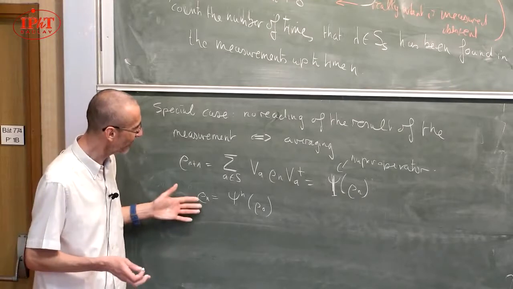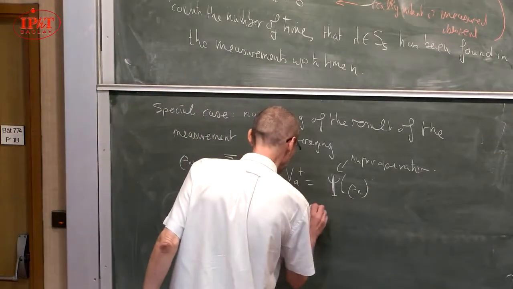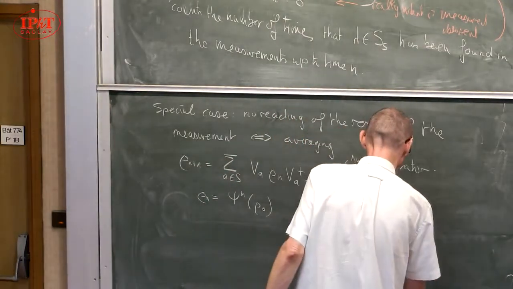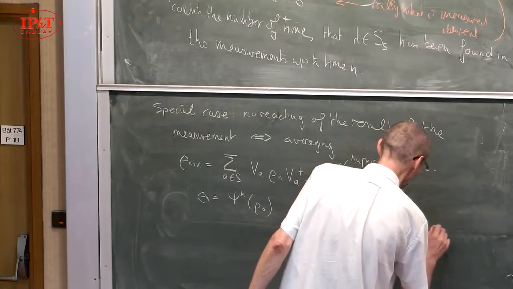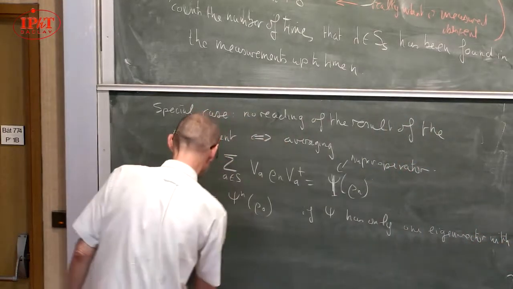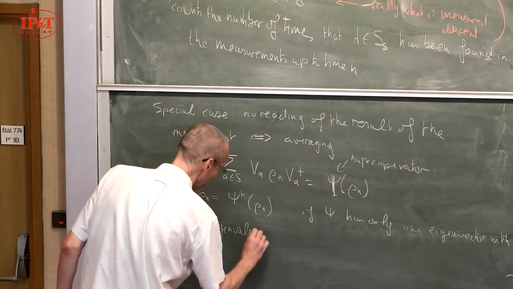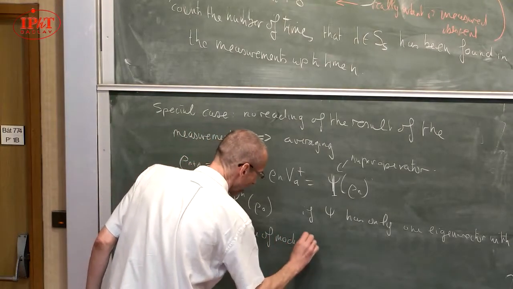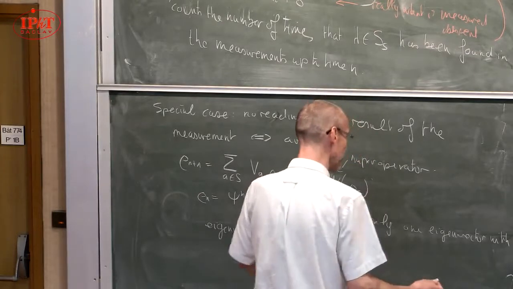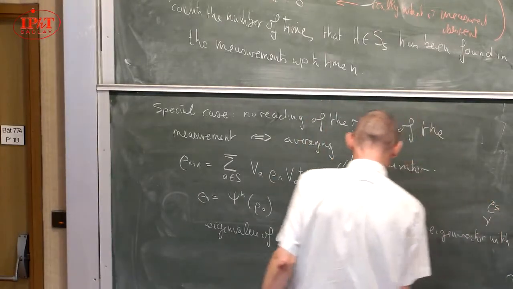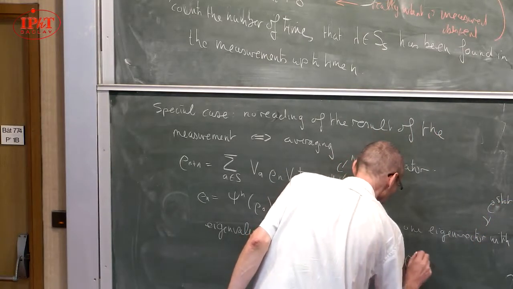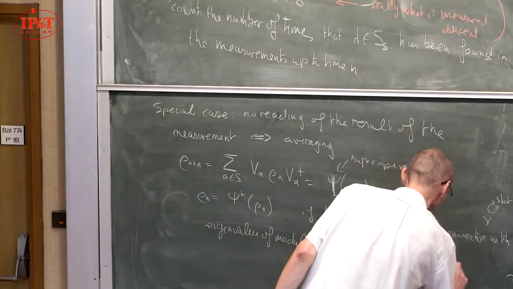Anyway, if one is non-degenerate and all the other eigenvalues have modulus strictly less than 1, then starting from any rho, in the end, if psi has only one eigenvector with eigenvalue of modulus 1, let's call it rho stationary, then rho n converges to rho stat, whatever rho 0.